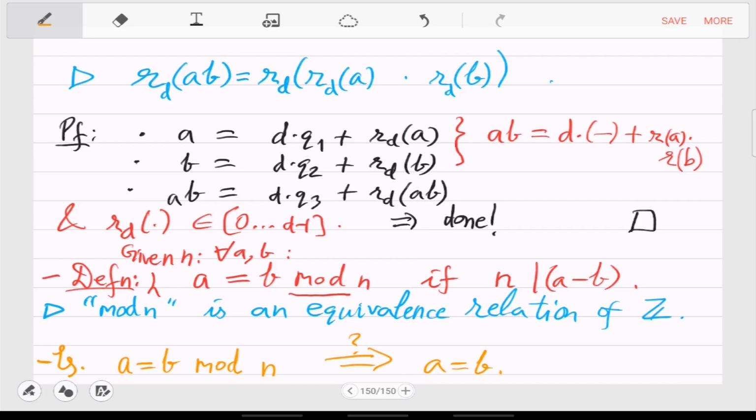Is it ever possible? When? So the converse is obviously true. Right, the converse is true, but what about the forward direction? How far is it? Yeah, if a and b are smaller in magnitude, then you can reduce.